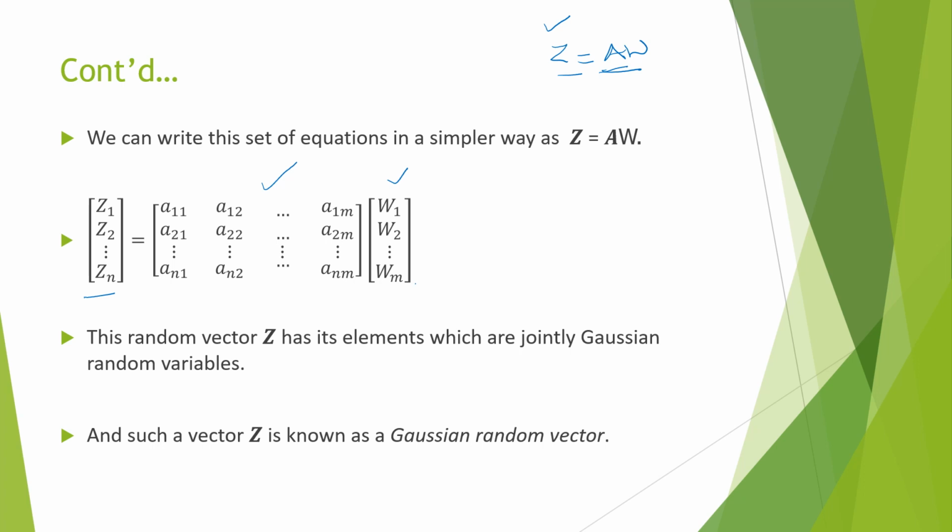The first column matrix consists of jointly Gaussian random variables, the matrix A contains all the coefficients, and the W matrix contains the random variables. This vector containing the Gaussian random variables is known as a Gaussian random vector.